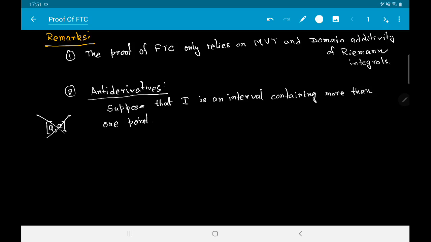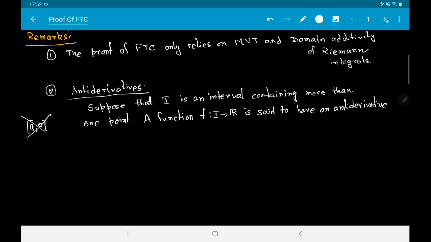So then what do we do? A function small f from I to R is said to have an antiderivative if there exists a function big F from I to R such that F prime is equal to f.